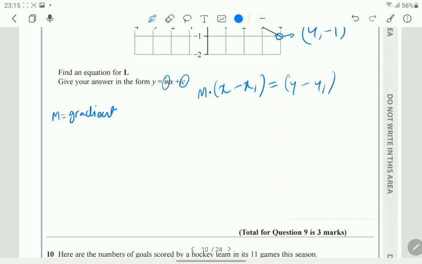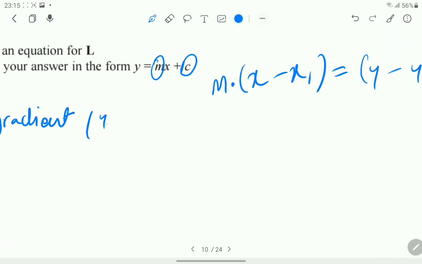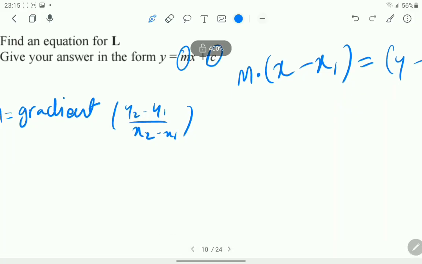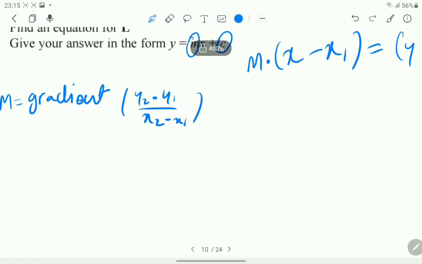In order to find the gradient, we have a formula: y2 minus y1 over x2 minus x1. It doesn't matter which value you choose as y2 or y1, as long as you apply this formula right and don't mess up your plus minus.